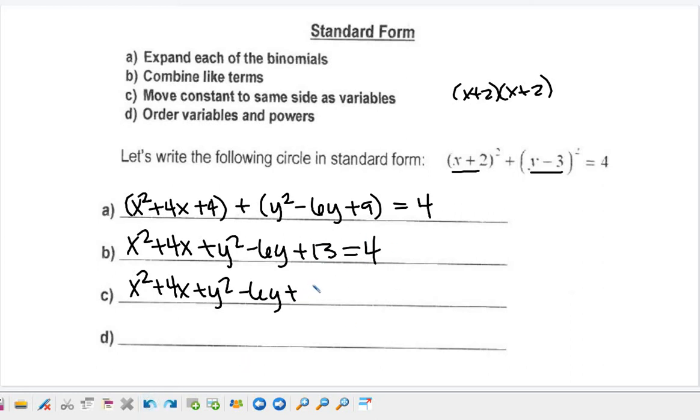Subtract 4 from both sides, so plus 9 is equal to 0. And then they like it in x squared plus y squared plus 4x minus 6y plus 9 is equal to 0. So your squared terms first, then your single terms, and then your constant. Okay?